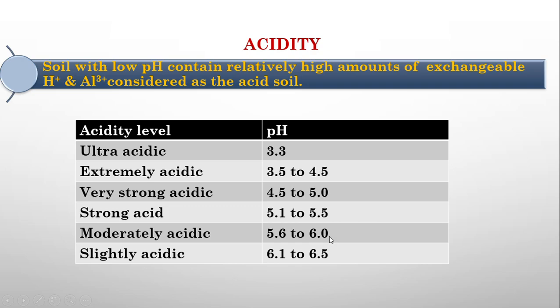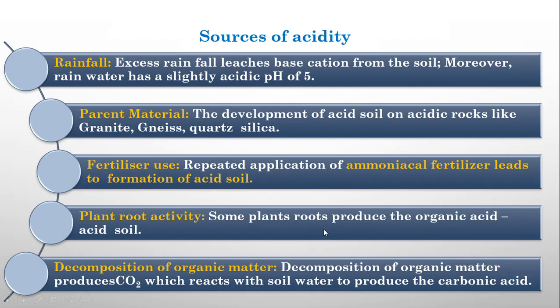It will start to become alkaline. So this is the level of acidity and pH level. Now these are the sources of acidity, sources by which the soil becomes acidic. One is rainfall. Excess rainfall causes the formation of some types of acids. And parent material, when the parent material contains some acidic materials, for example granite, gneiss, quartz, silica, etc., may cause acidity to soil.